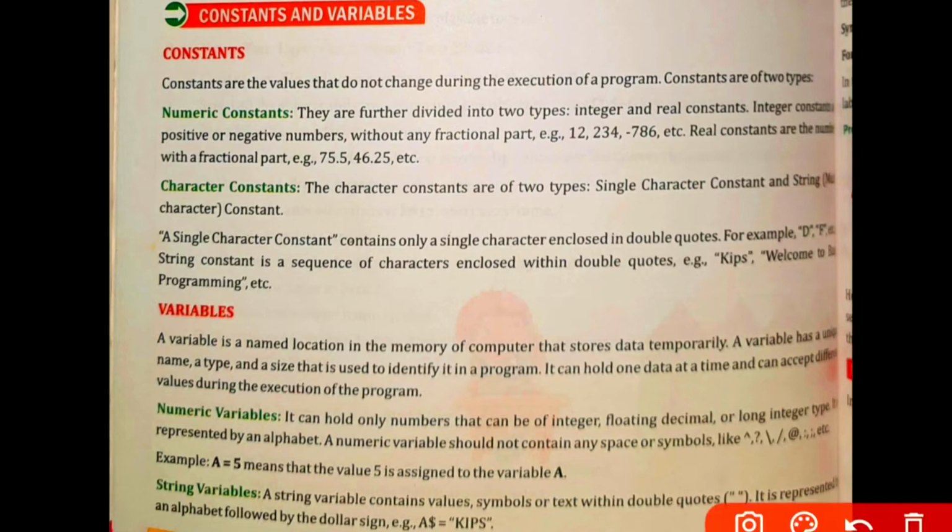And as it is given here, constants are of two types. First is numeric constant and second is character constants. Numeric constants are the constants which contain integers, real constants, positive or negative numbers without any fractional part.